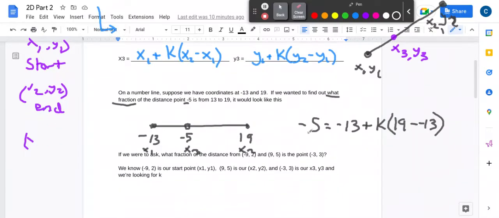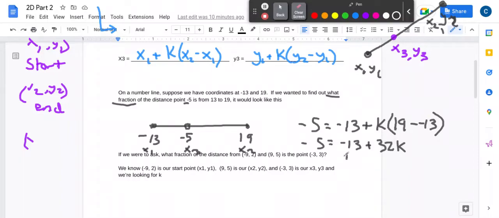So what happens here, if we were to simplify this down, we get negative 5 equals negative 13 plus, now 19 minus negative 13, which is really 19 plus 13. Okay, 19 plus 13 is 32. And we're still multiplying k by it. All right, so negative 5 equals negative 13 plus 32k.